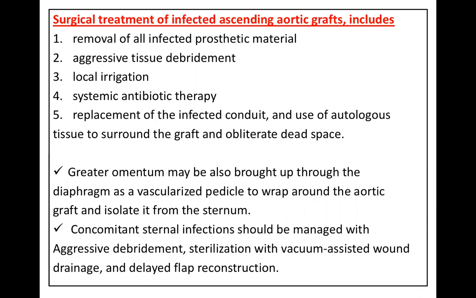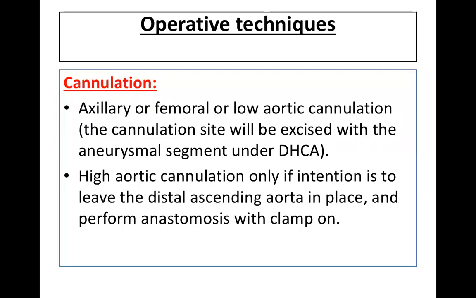Usually the greater omentum may also be brought up as a vascularized pedicle to wrap around the aortic graft and isolate it from the sternum if it is infected. Concomitant sternal infection should be managed with aggressive debridement and sterilization with VAC and delayed flap reconstruction.